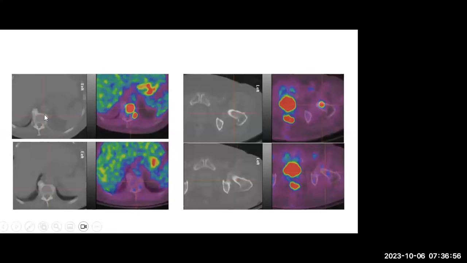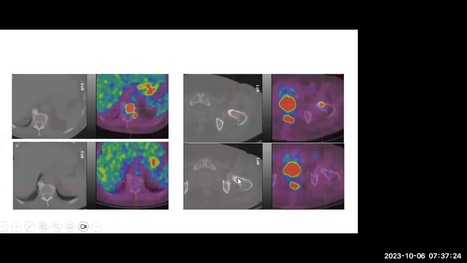For lesions that are inherently lytic, many times we don't see them early enough on the CT to be able to call them. So if this patient was being followed only with CT, those lesions would have been missed. So you can see here the metastatic lesions, and this is at a different level also. Originally, no abnormality. On follow-up, you can see the intense metastatic lesion that developed that is not really seen on a CT.